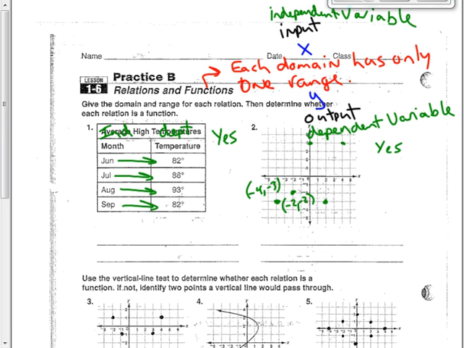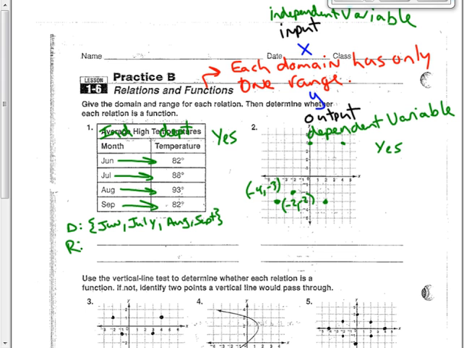The part that we didn't necessarily talk about is give the domain and range. So I want to label the domain of the first one as the independent variable. Domain, independent variable, input, x value, all those mean the same thing. So the domain is June, July, August, and September.